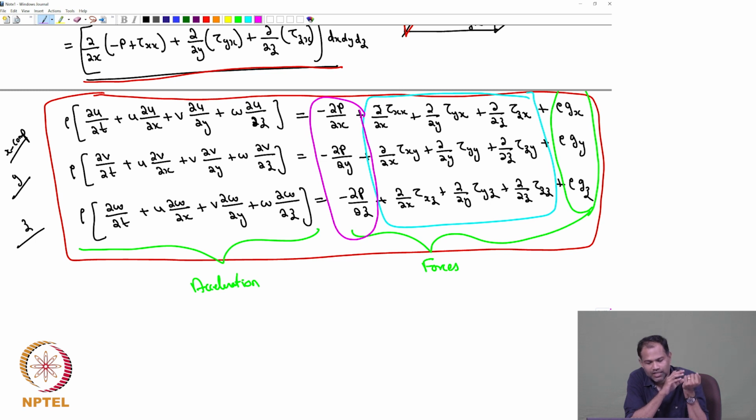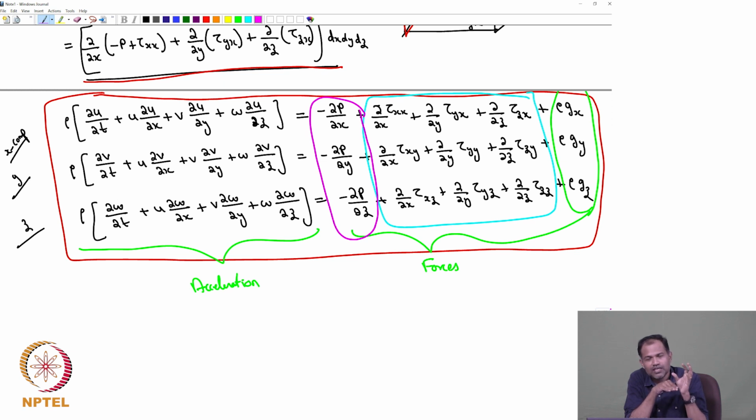And what are the unknowns? For example, velocities are unknown, pressure we do not know, shear stress we do not know. That is where Newton's law of viscosity comes into the picture. We can use Newton's law of viscosity to write stress in terms of velocity gradients.